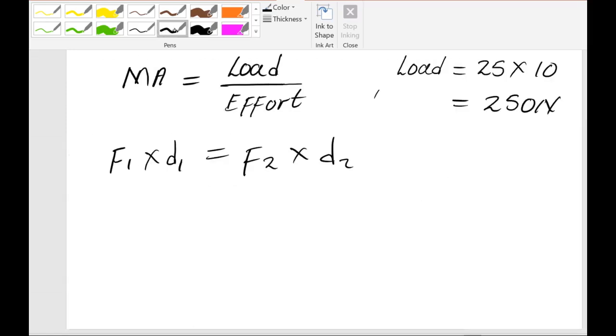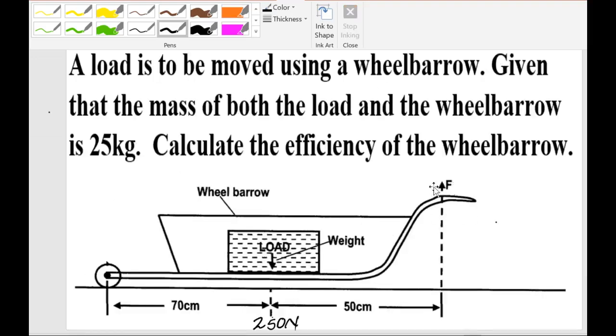So force 1 is 250, so 250 times 70 is equal to force 2, that is this force or the effort that we are looking for. Its distance from the pivot is 70 plus 50, which is 120 centimeters.